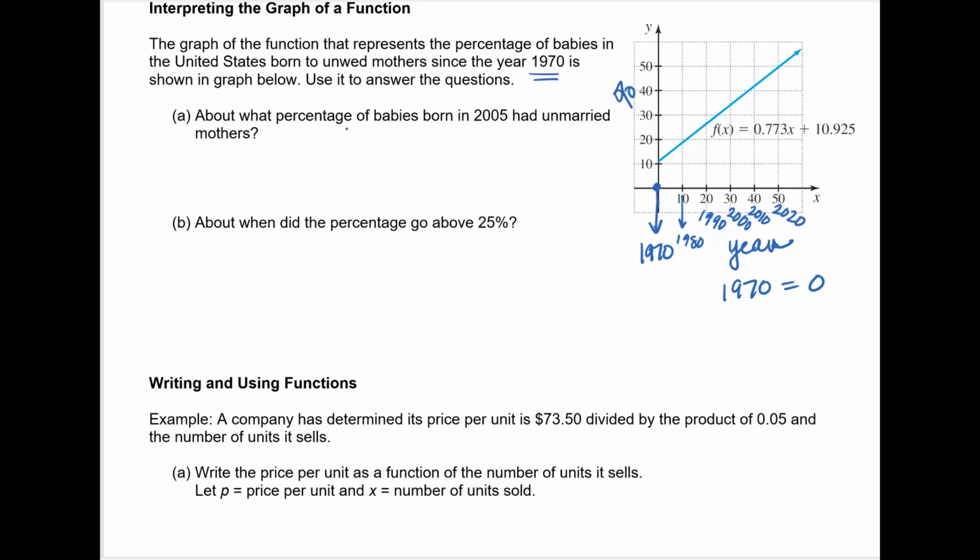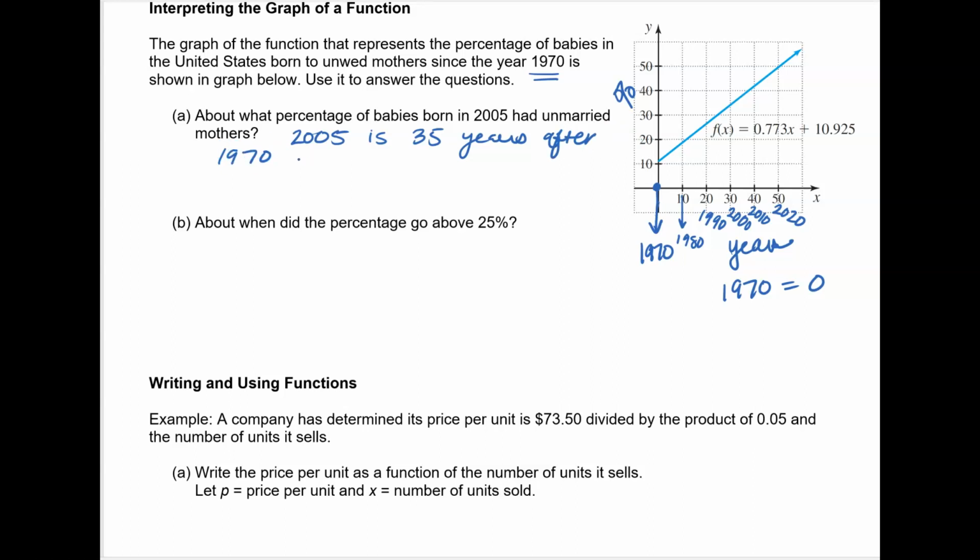It says, about what percentage of babies born in 2005 had unmarried mothers? So in 2005, you want to think about how many years after 1970 that is. So 2005 is 35 years after 1970.